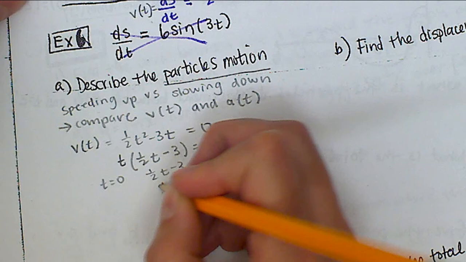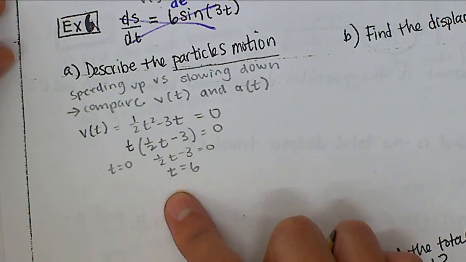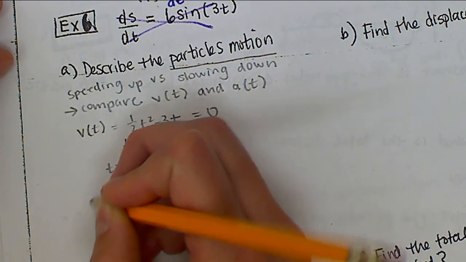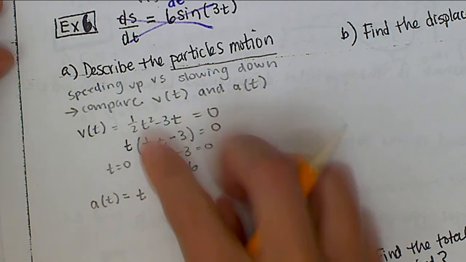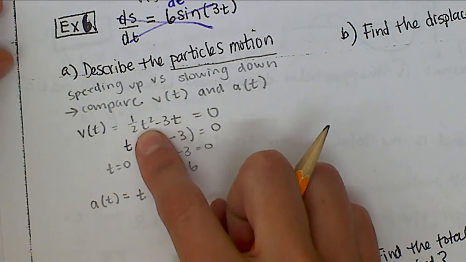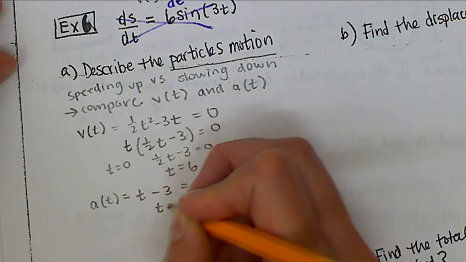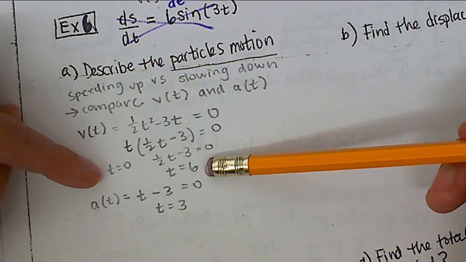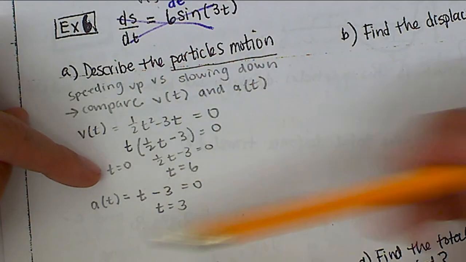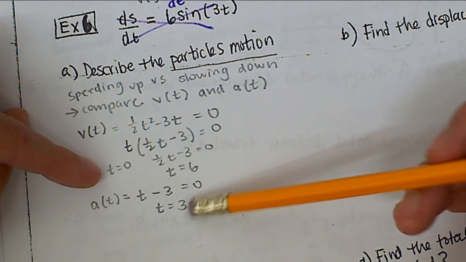So t equals 6. I'm not going to make my chart of this quite yet. First I'll find a of t. So a of t, taking the derivative of this, is t minus 3, set it equal to 0, and I get t equals 3. So basically for the velocity, I found my critical values, and for acceleration, this is a possible point of inflection, because this is the second derivative.